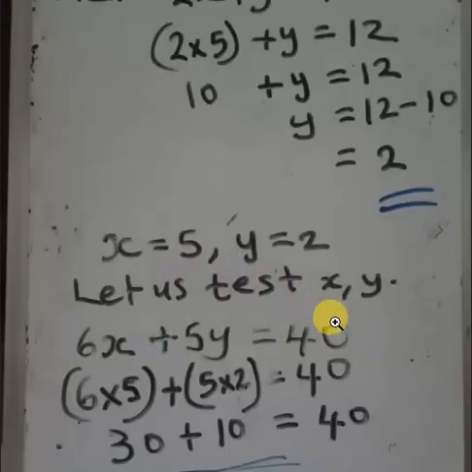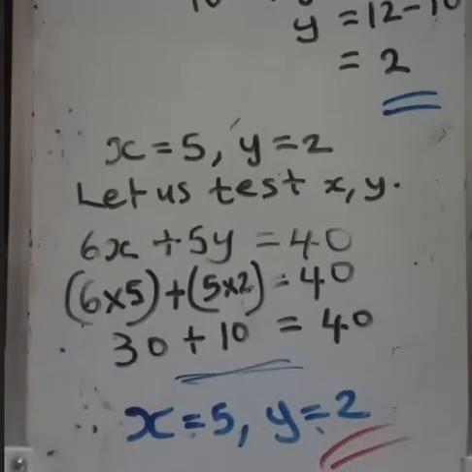Let's test x and y if these are correct. 6x plus 5y is equal to 40. 6x will be 6 times 5 because x is now 5, plus 5 times y, 5 times 2, because y is now 2. 6 times 5 will give us 30. 5 times 2 will give us 10. 30 plus 10 is truly 40. So that is correct. So this is a proof that our x and y are correct.